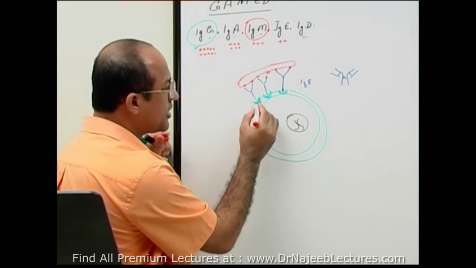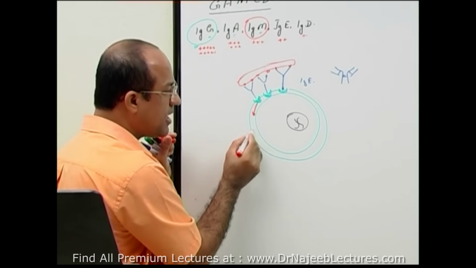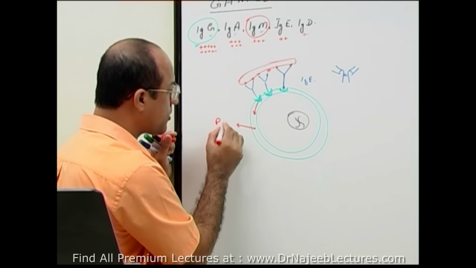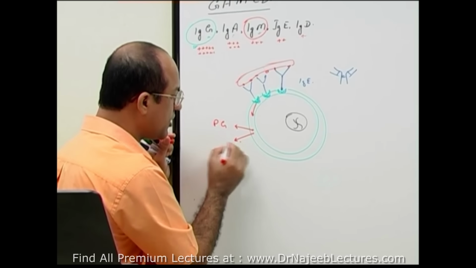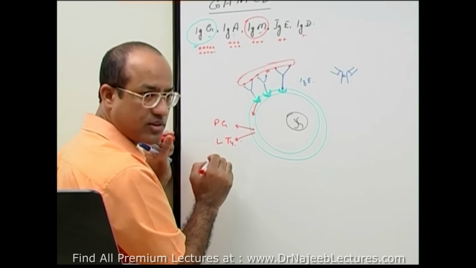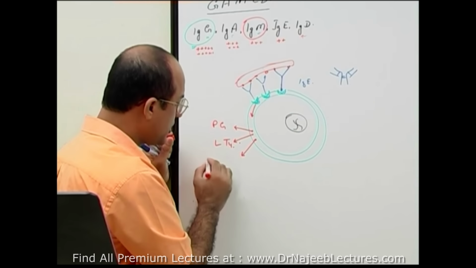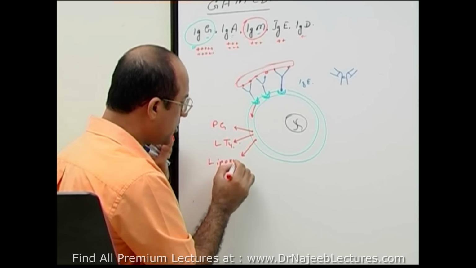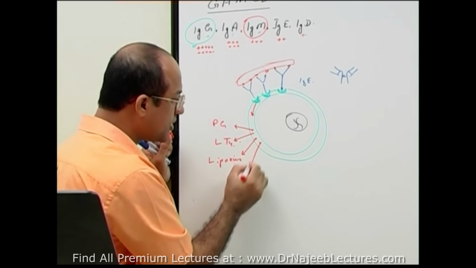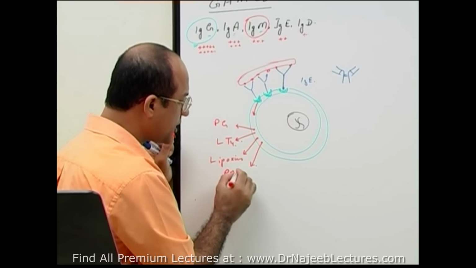Number one, signals will go to the membrane, and from the membrane there will be release of prostaglandins, leukotrienes, lipoxins, plus platelet activating factor.